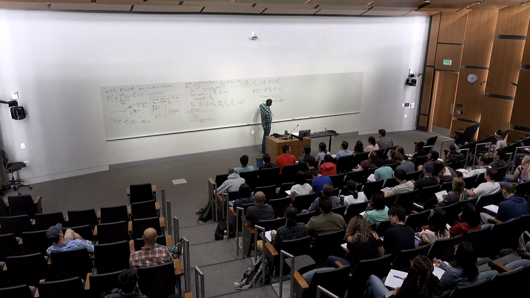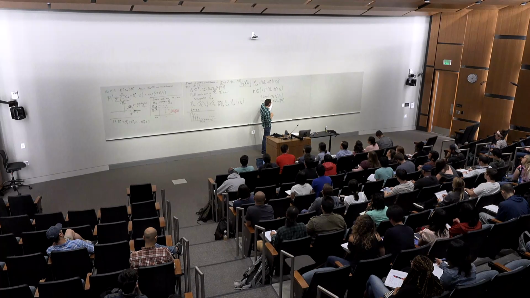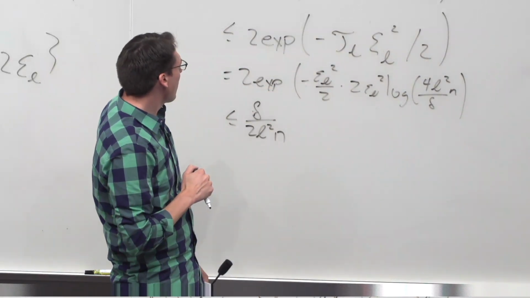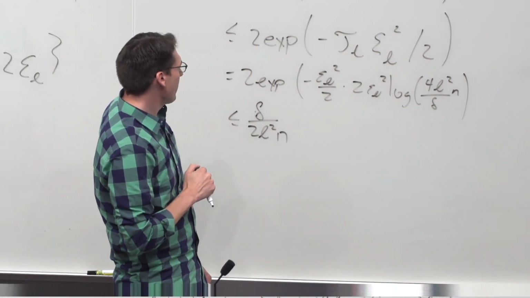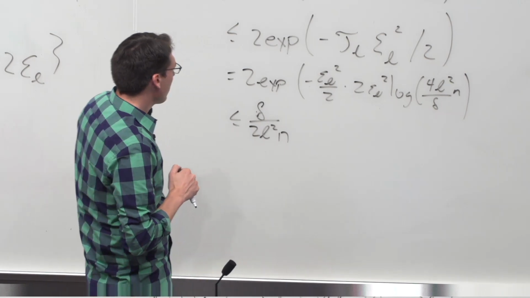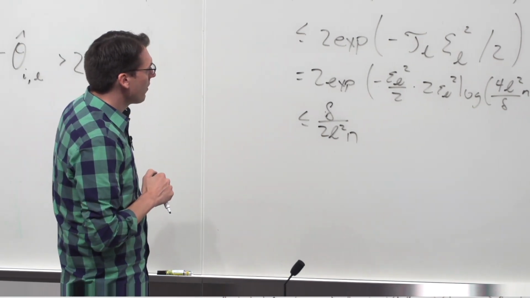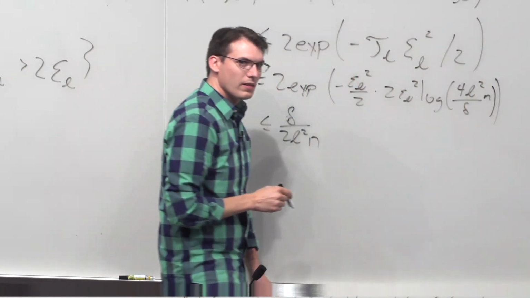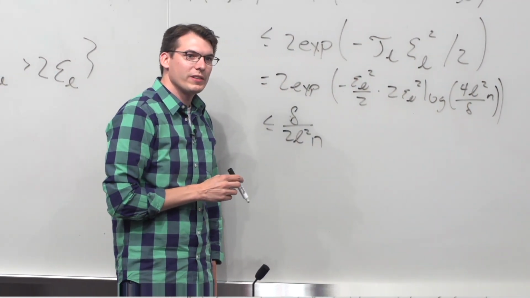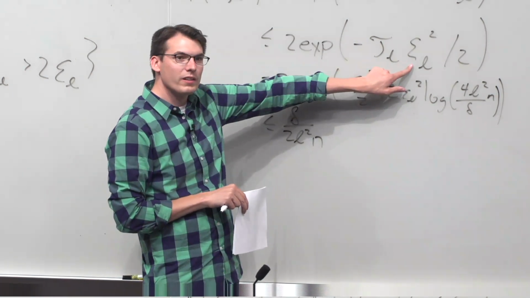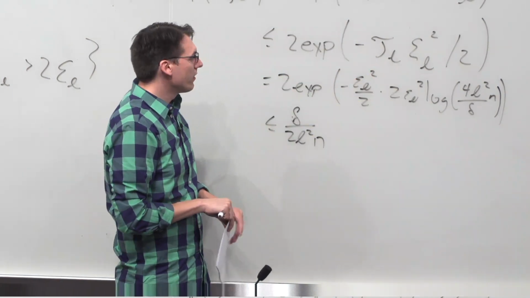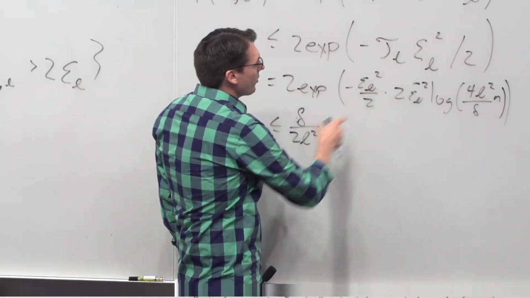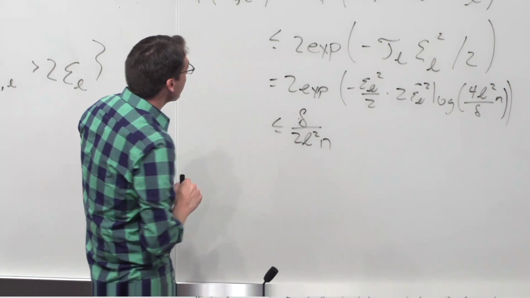Oh, there should be a minus 2 in the exponent. To get cancellation, we have something else in front of the log, epsilon to the minus 2. Tau L is epsilon L to the minus 2, and I have an epsilon L squared here. Yeah, thank you. These cancel, and I'm just left with this.